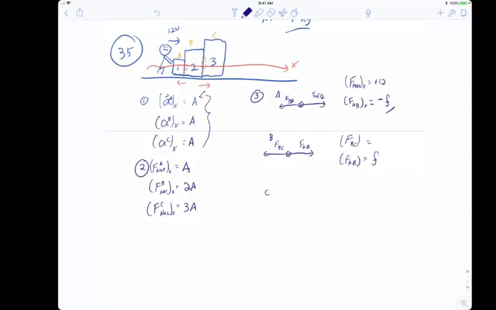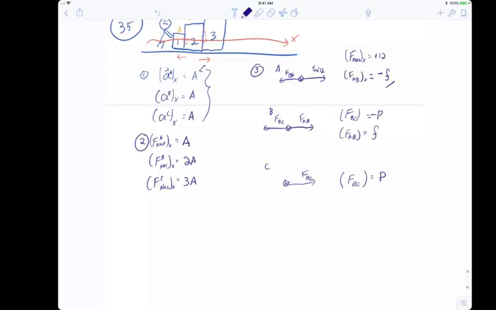I don't know what variable to use for this. I'll call it P for push. All right, C's free body diagram. There's only one thing pushing on C, and it's pushing this way. It's the force BC. Wait, hold on. That's supposed to be a minus sign. So this is push.